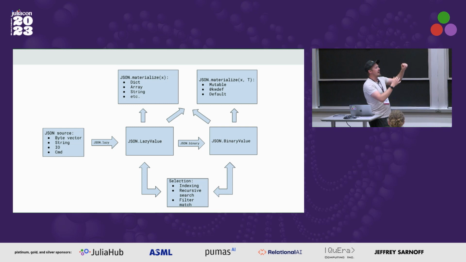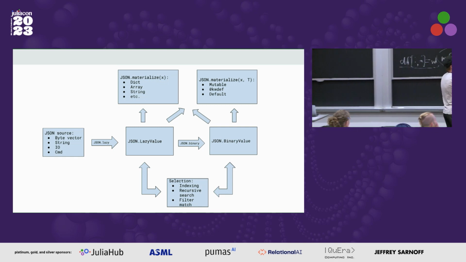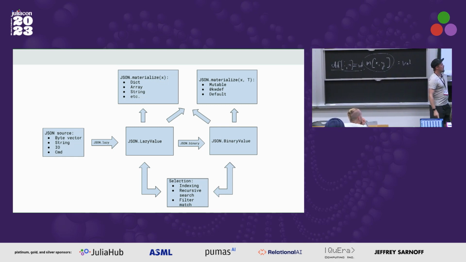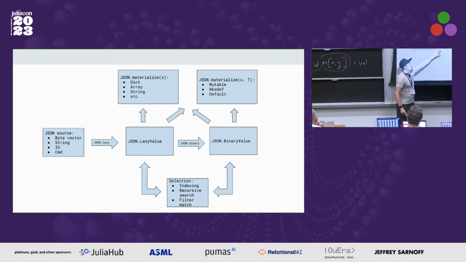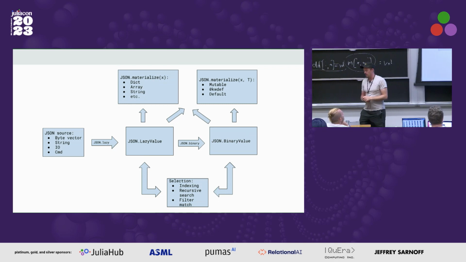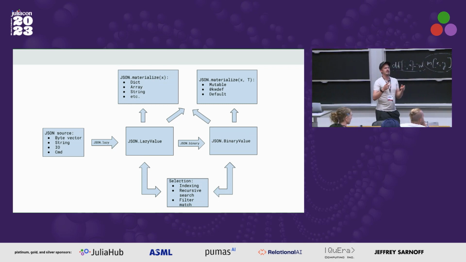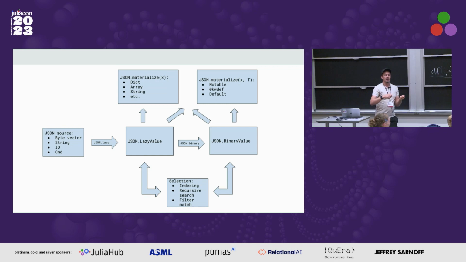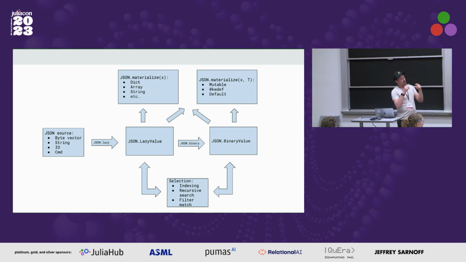From there, we have options of things we can do with this lazy value, okay? One of the things I wanted to support was being able to use and process lazy values in JSON, and that's where this selection syntax comes in. If you're familiar with XML, it has this idea of XPath, and there is this concept of JSONPath.